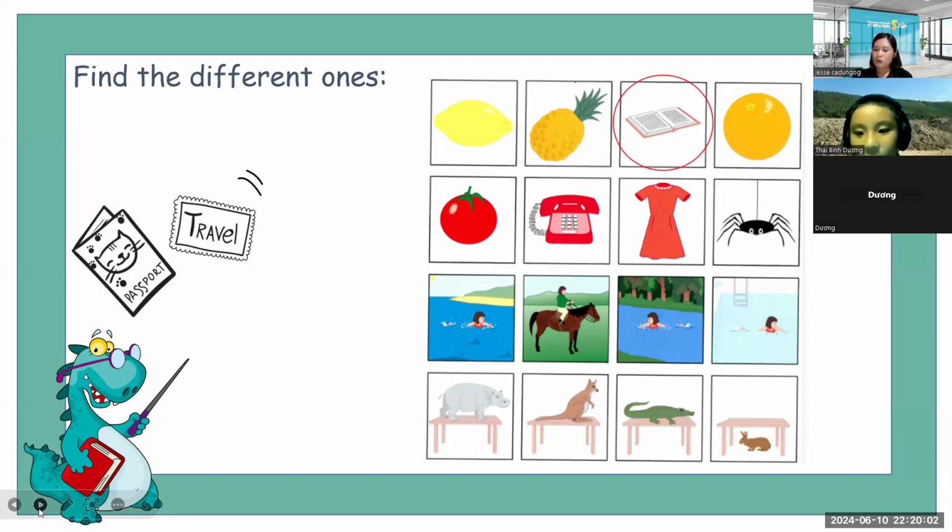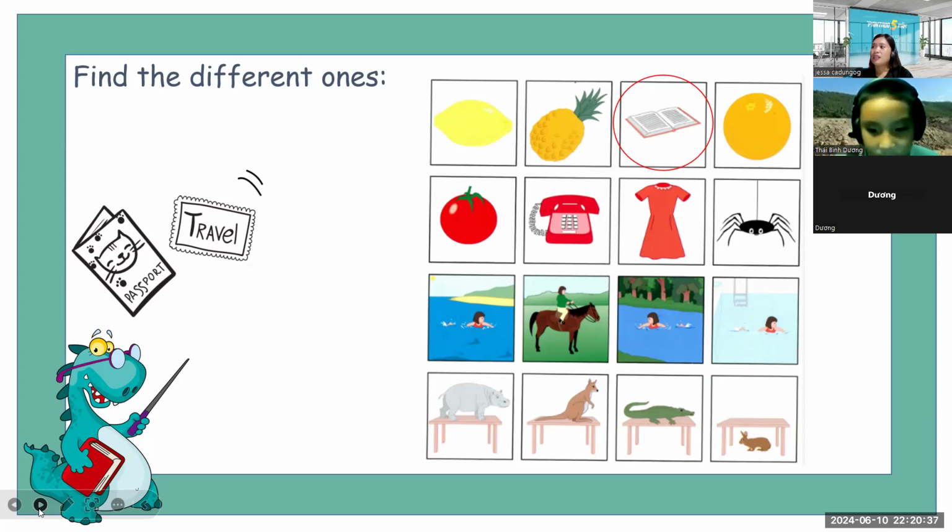Very good, Tony. Why do you think the book is different? Because the book has many pages. How about the other pictures? The other pictures don't have any pages. Because they're fruits and the book is a thing.